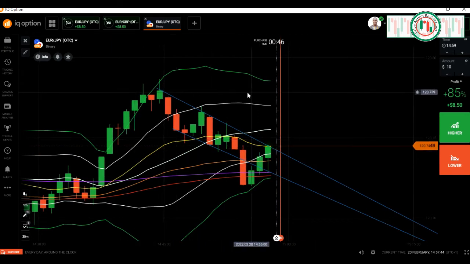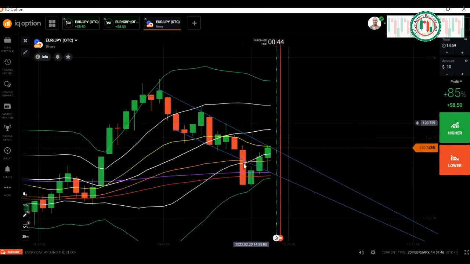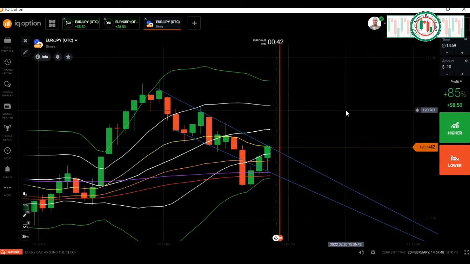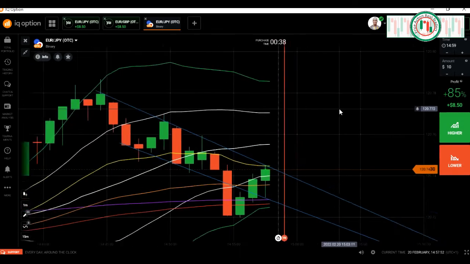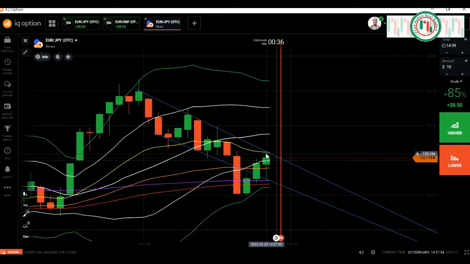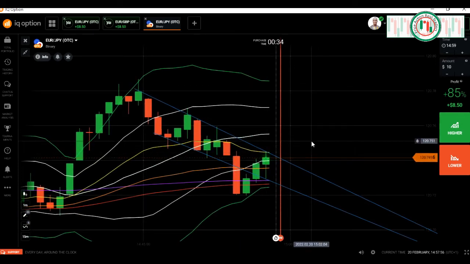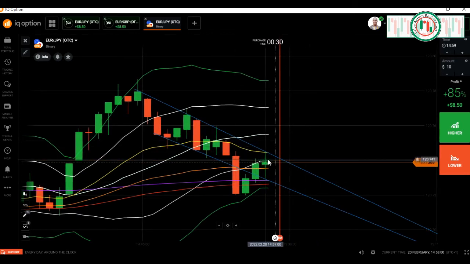Wait. Here, momentum. Rejection from the 20 EMA. This market is rejected and closes below.